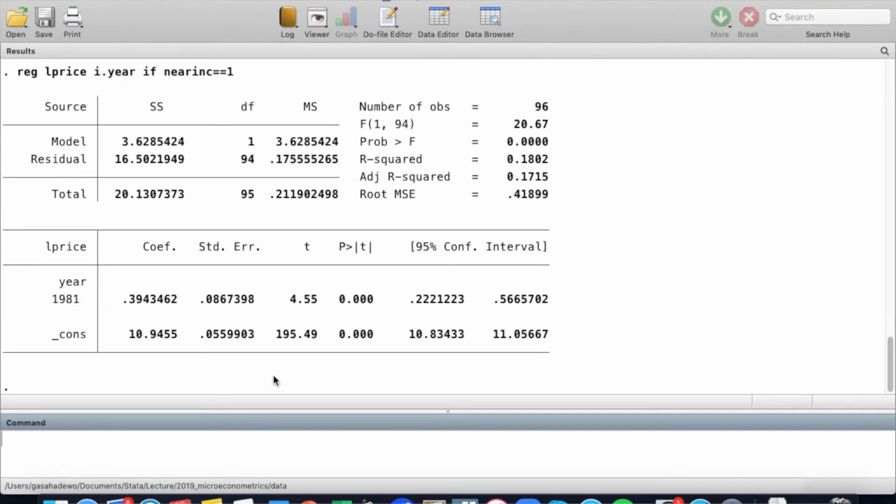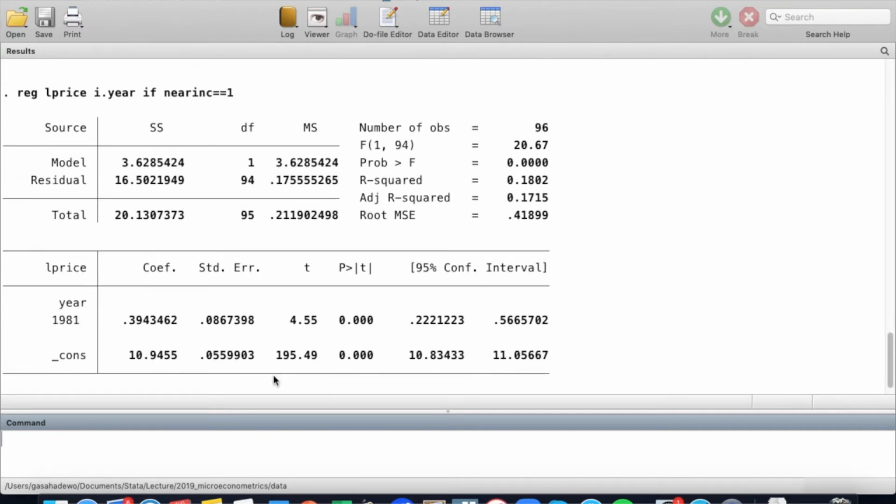Okay, let's take a look at the result. As you can see, the estimated coefficient for the pre and post method is 0.39. If we interpret this regression result, after the incinerator was built, the price of houses near the incinerator actually increased by 39%.